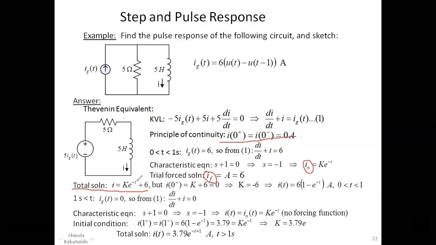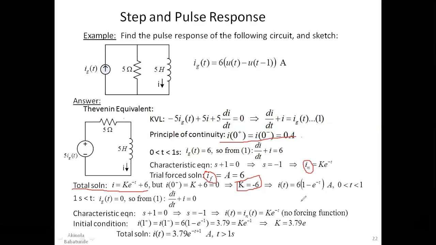If you put 0 here, you have just K left, because t is 0, e to the 0 is 1, and 1 times K is K. So K plus 6 will be equal to 0 because I of 0 minus is 0. So K will be equal to minus 6. These are important. With K equal to minus 6, you can go back and say your total solution becomes minus 6 e to the minus t plus 6.